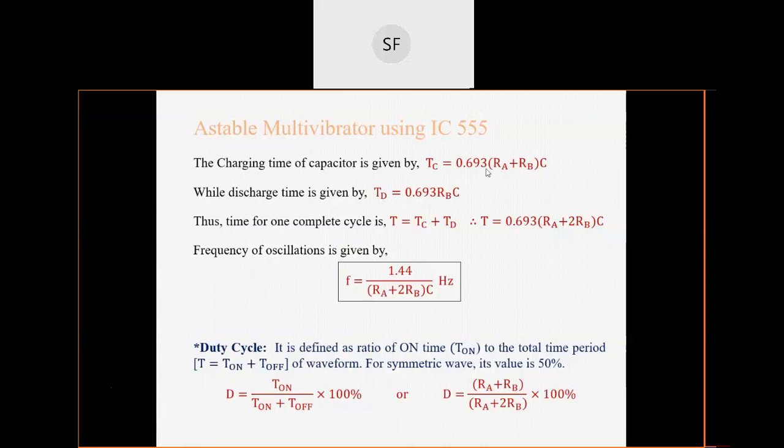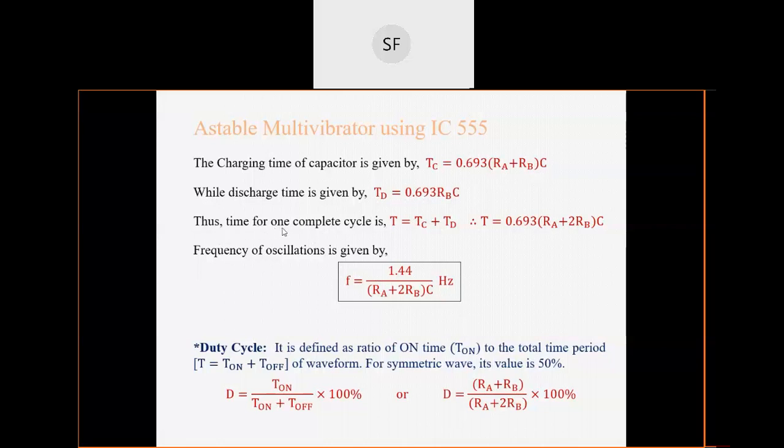You should remember this. In the expression of charging time there is RA, but in the expression of discharging there is no RA. Why is this so? Because the capacitor is discharging through capacitor and resistor RB only, whereas it is charging through RA, RB and C.